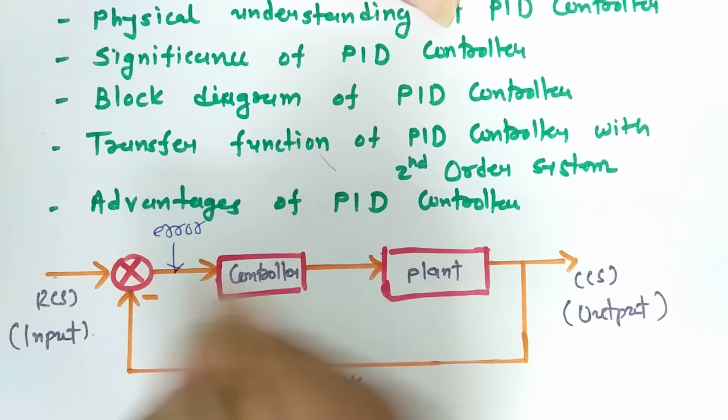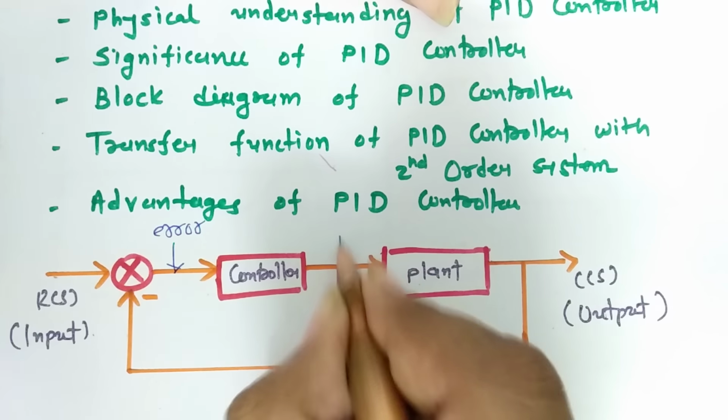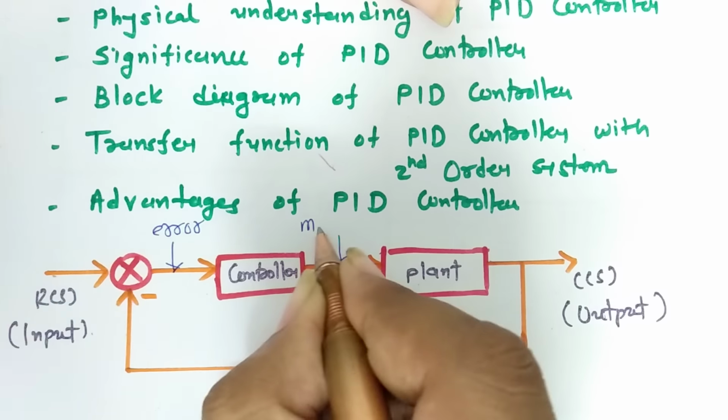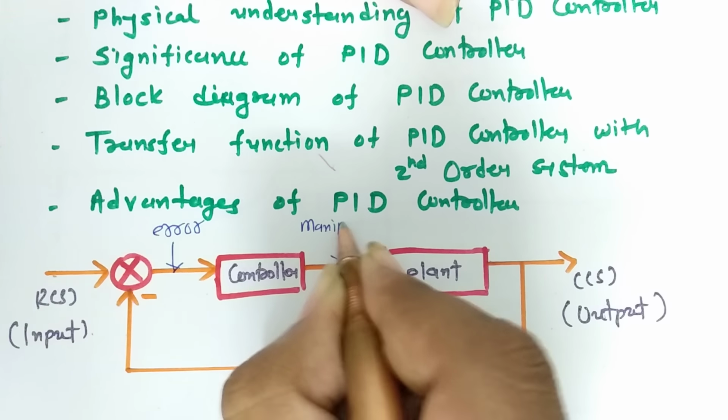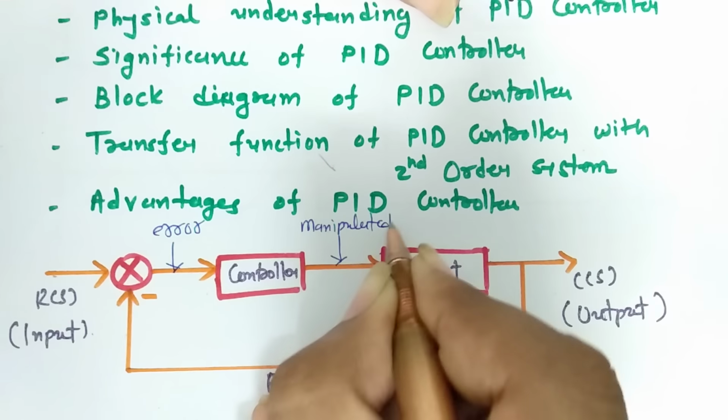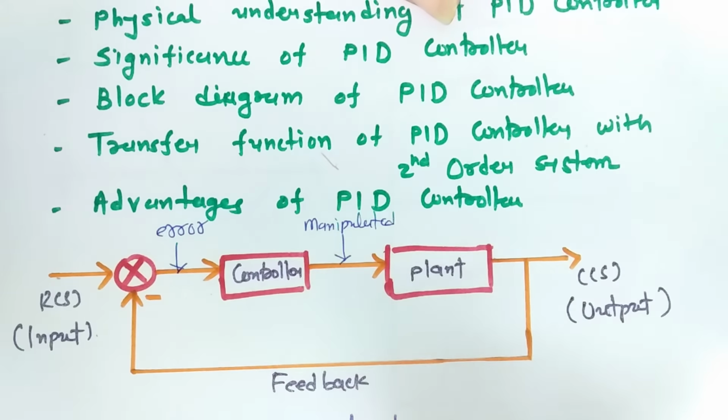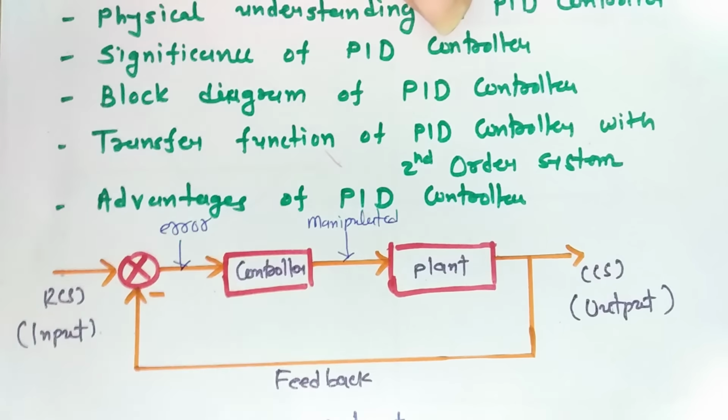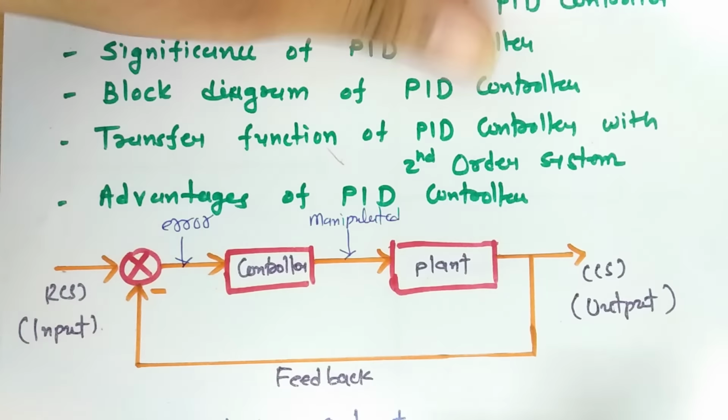So we give the error signal as input to the controller, and the output of the controller is also referred to as the manipulated signal. So this is the basic block diagram of a control system.